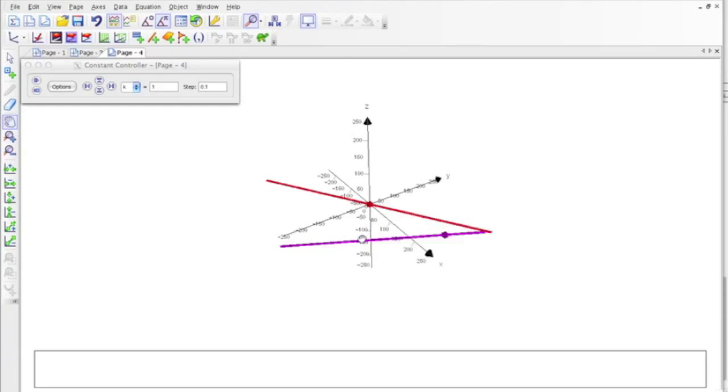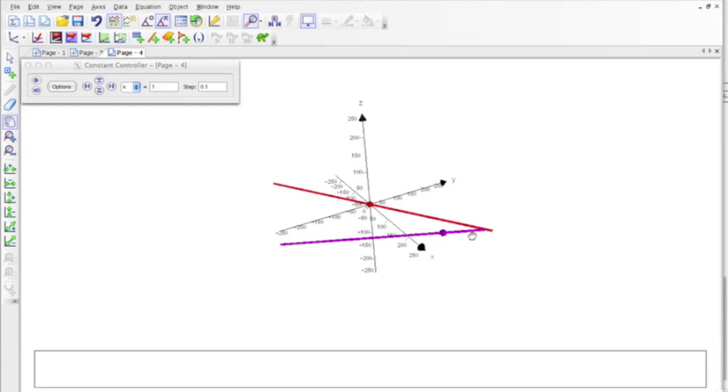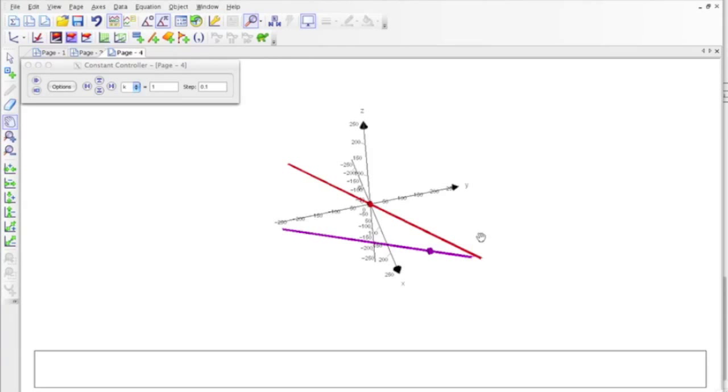Okay, if we spin this round a little bit, you can see what we're interested in is the point out here where they're intersecting. So it's at 300 on the x-axis and 240 on the y-axis. So let's just zoom out a little bit here.